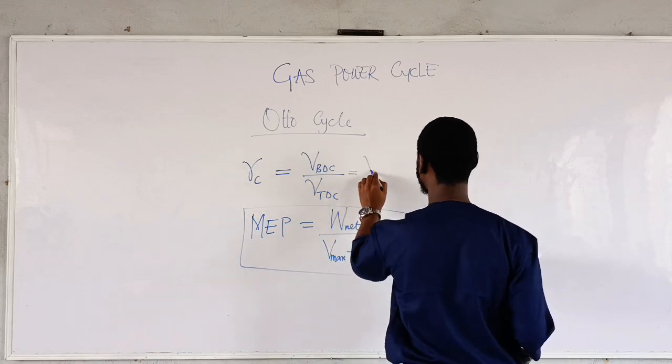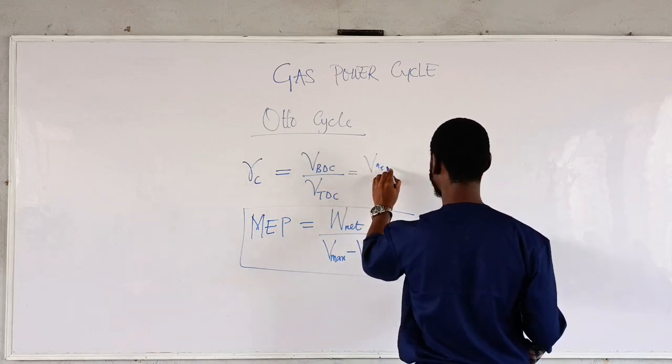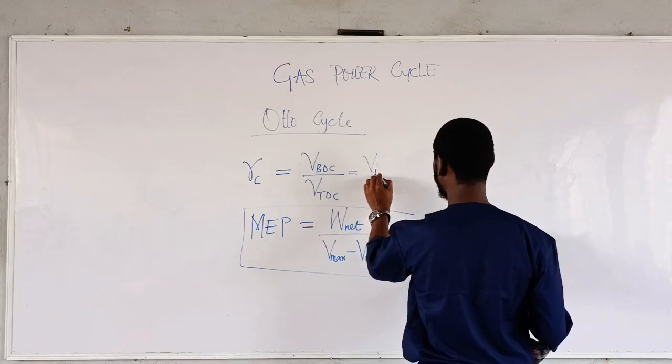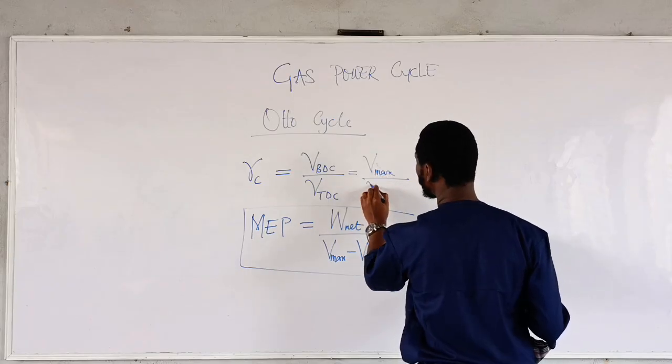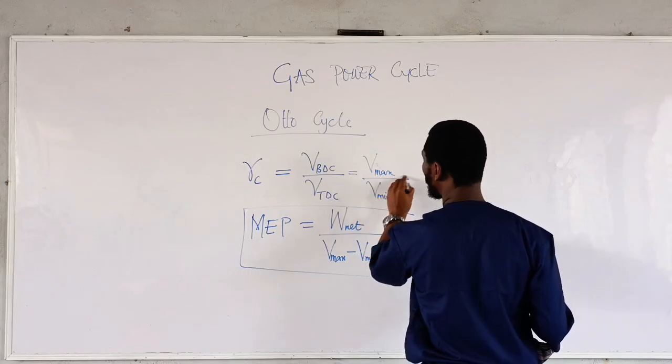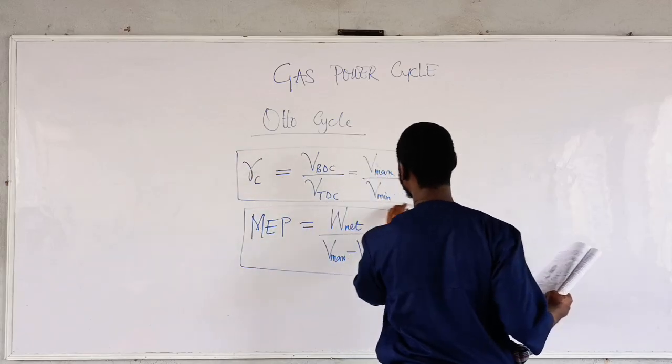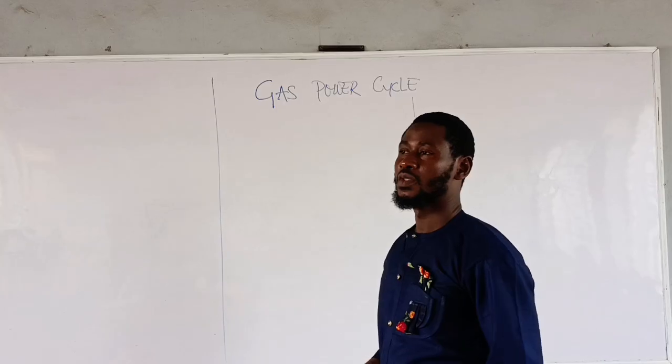The ratio of V max divided by V min is the compression ratio.